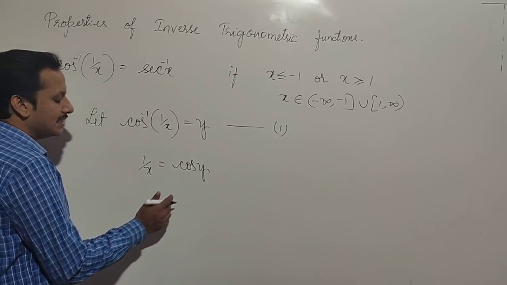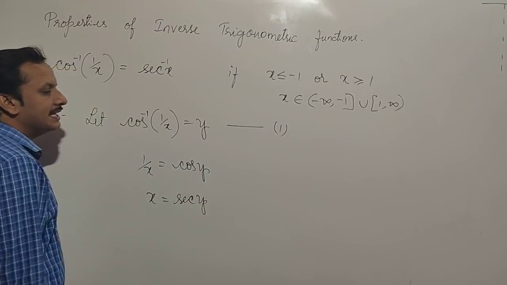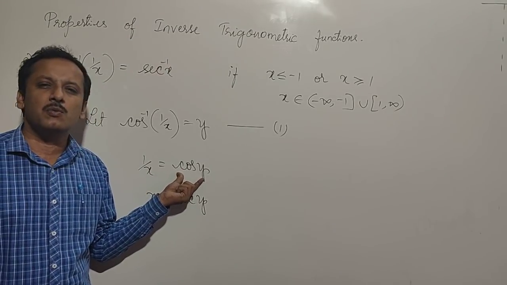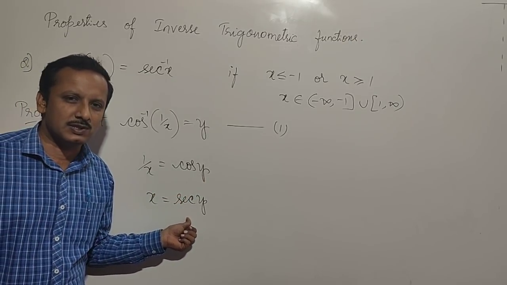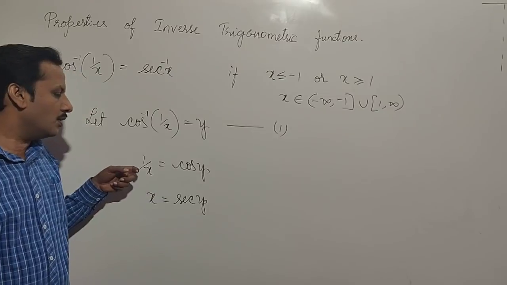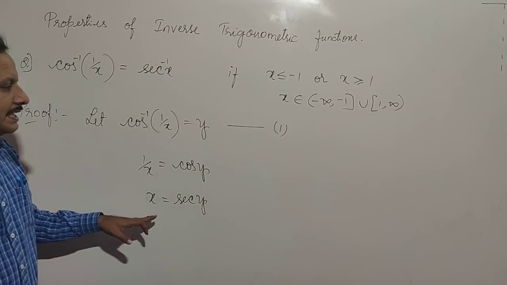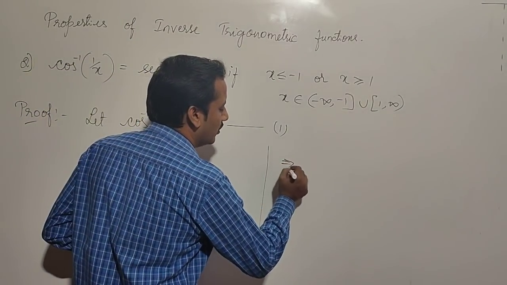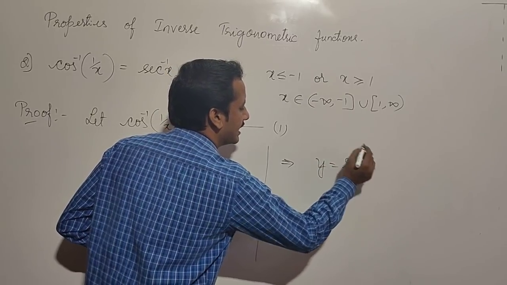If 1 by x is equal to cos y, then x will be equal to secant y, the reciprocal. Cos theta can also be written as 1 by secant theta. Cos theta and secant theta are reciprocals of each other, as we know. So 1 by x equal to cos y will imply that x is equal to secant y. From x equal to secant y, this will give you that y is equal to secant inverse x.